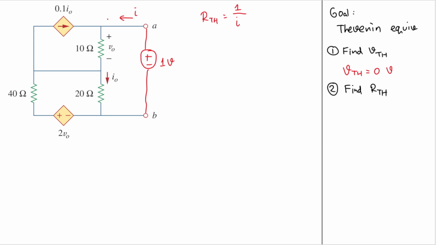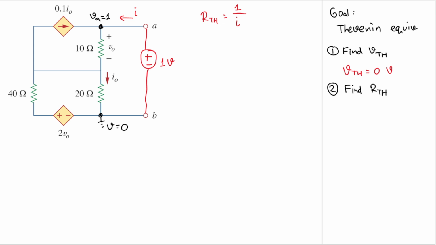Okay, and let's do nodal analysis, right? So let's set this here as our ground. So we will have the voltage here will be 0. Good. And now what is this voltage here? Because we put this 1 volt voltage source, the voltage here will be 1. So our VA here is 1 volt.